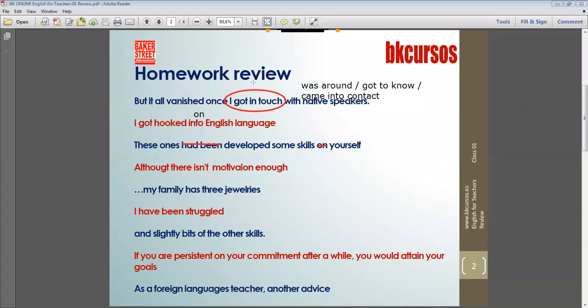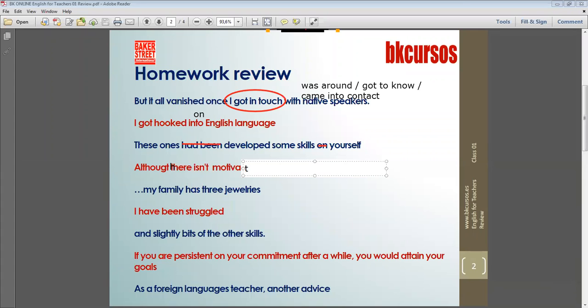Although there isn't motivation enough. Although there isn't motivation enough. Your turn. The spelling. Motivation. Good. Although there we are.